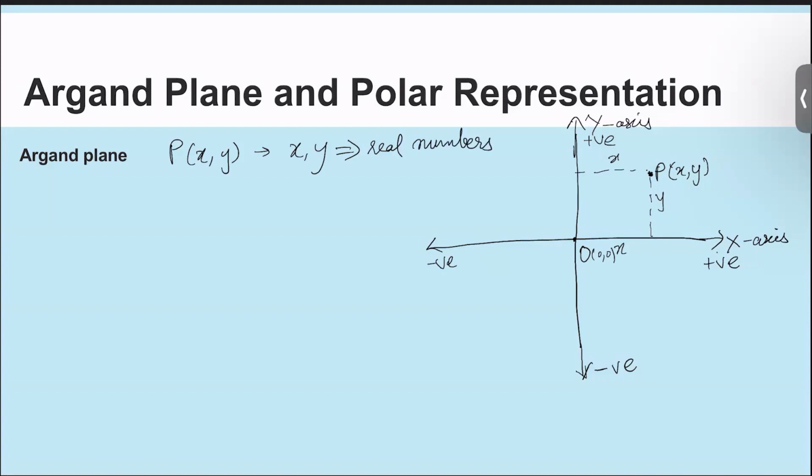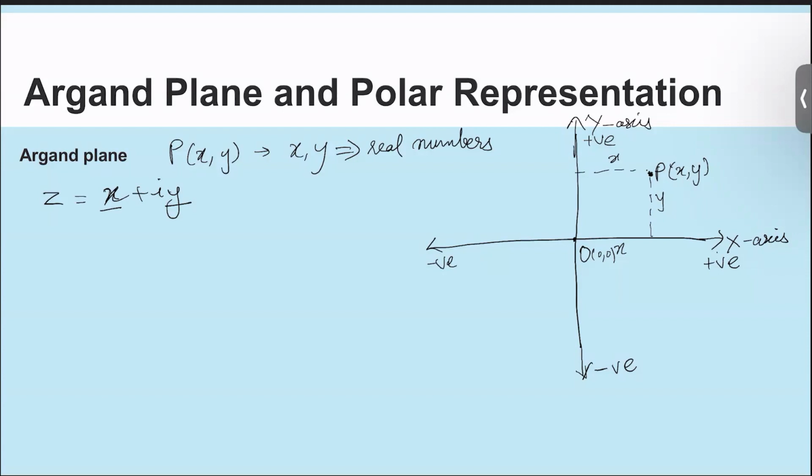Now, since we have a complex number z, if you want to write it in terms of x and y, you can write it as x plus iy. So over here, x and y can be used to represent the complex number on this plane.